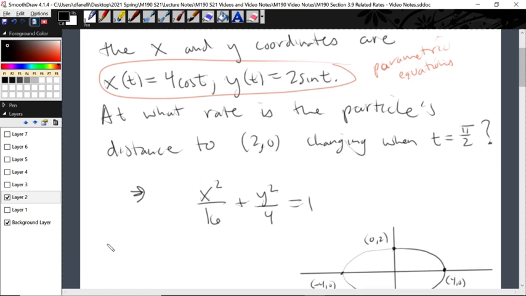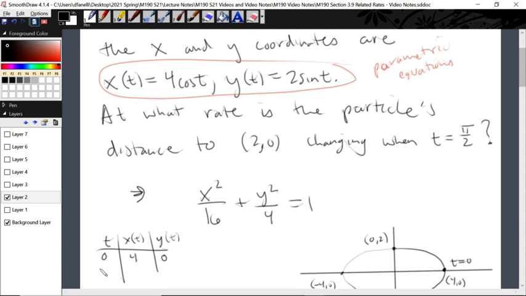If t is equal to 0, the initial time, then the associated x-coordinate would be 4 times the cosine of 0, which is equal to 4. And the y-coordinate when t is equal to 0 would be 2 times the sine of 0. Well, that's 0. That means the initial point is this point right here. At t equal to 0, we're at (4, 0).